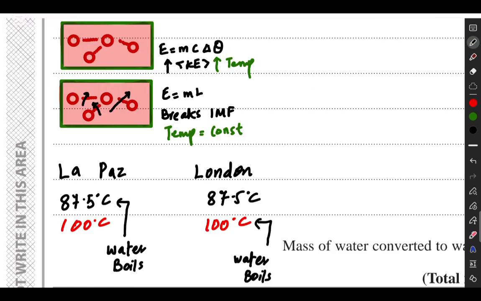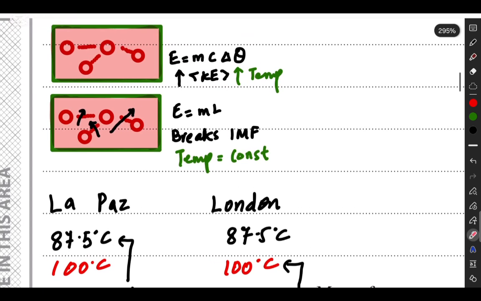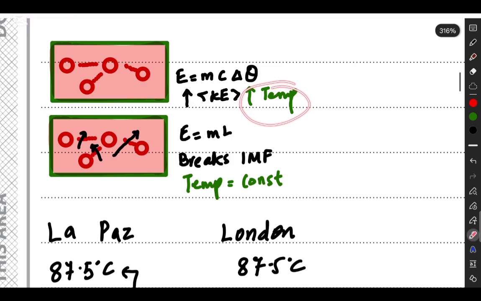So what's going to happen here, as we studied, is we're going to give energy to the water, and the temperature of the water will increase. So the average kinetic energy of water will increase, and the molecules will vibrate more and more. Then we will supply more energy, and this energy now will be used to break the intermolecular forces.